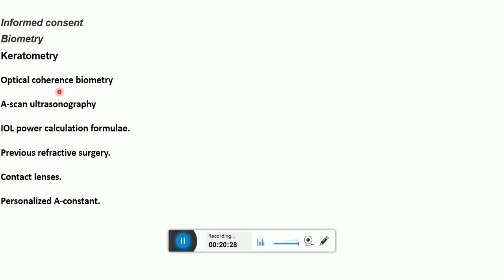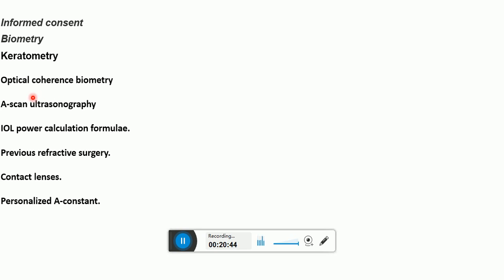Modern biometry devices also perform keratometry, anterior chamber depth, and corneal white-to-white measurement, and are able to calculate IOL power using a range of formulas. Measurements have high reproducibility and generally require less skill than ultrasonic biometry.